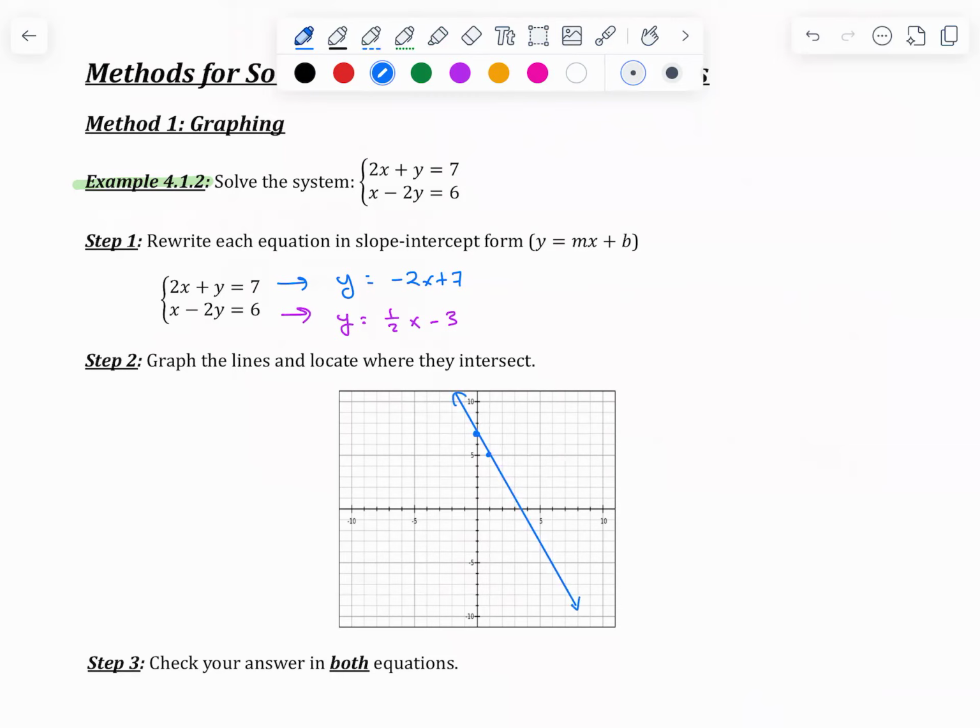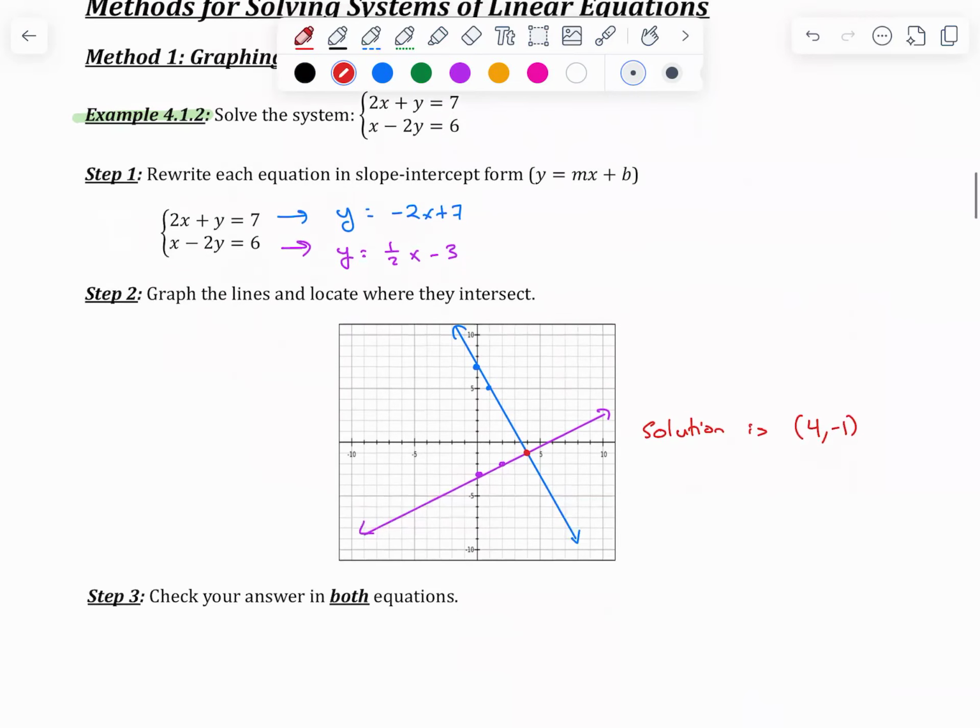It has a y-intercept of -3 and a slope of 1/2. Like that. And we see that they intersect right here at 4 comma -1. So the solution is 4 comma -1.